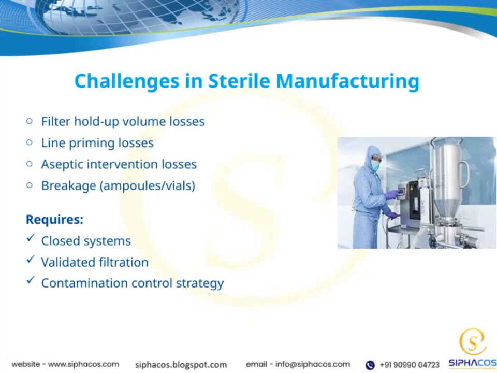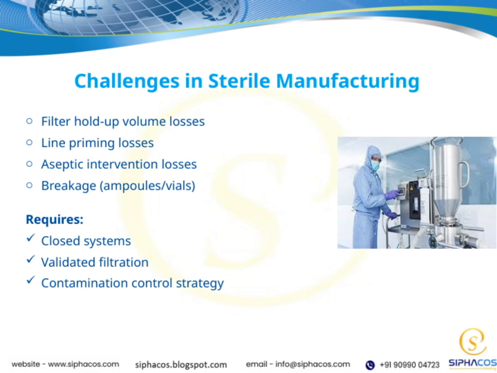Let's talk about some of the key challenges we face in sterile manufacturing. First, filter hold-up volume losses, which refer to the amount of fluid that remains trapped in the filter, potentially reducing yield and impacting efficiency. Then, we have line priming losses, where fluid is used to prepare the system before actual production begins, leading to some unavoidable waste.